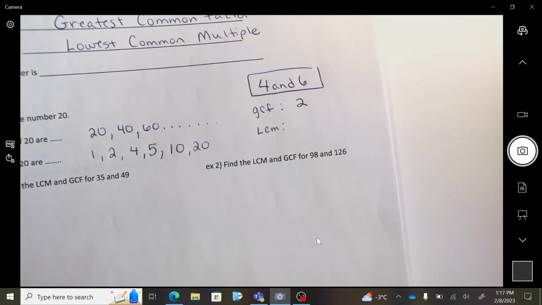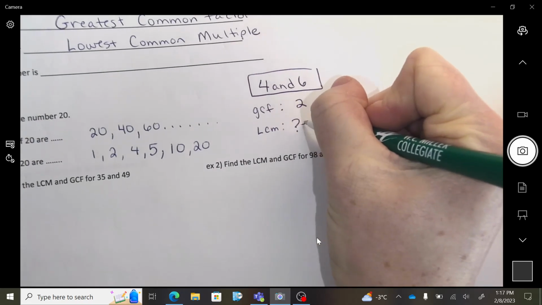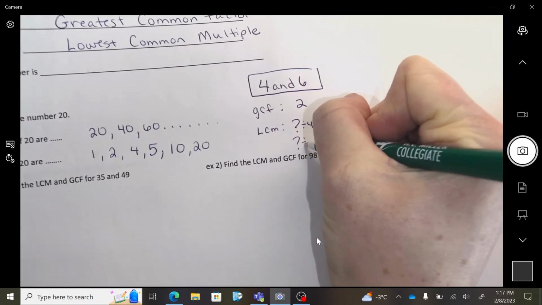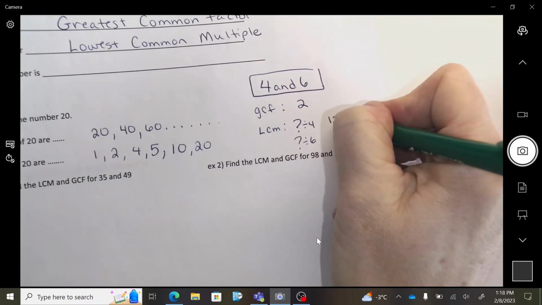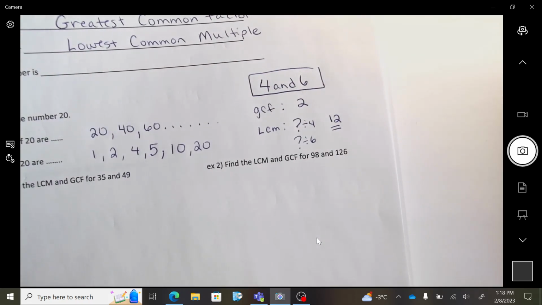And for the lowest common multiple, think of a number that I can divide by 4 and by 6, and I'm trying to pick the smallest one I possibly can. 24 works, but it's not the smallest one. 12, yes. So 24 is a common multiple, but it's not the lowest one. Okay, so that's how this is working.